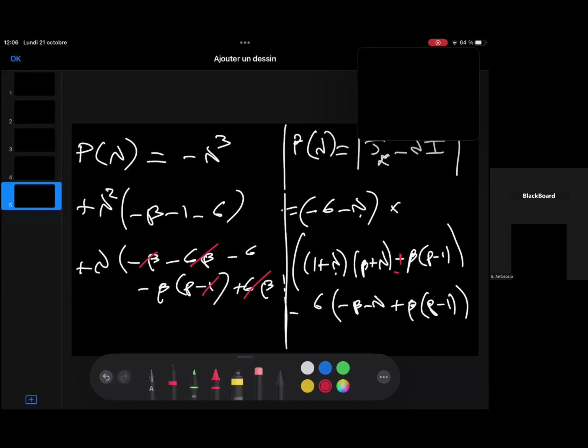So let's write that here. And we obtain minus lambda beta (rho plus sigma).